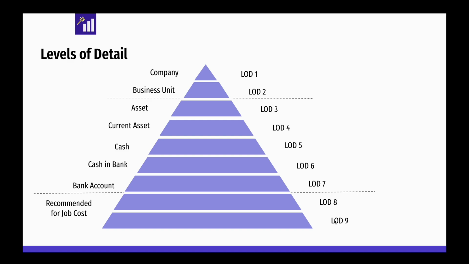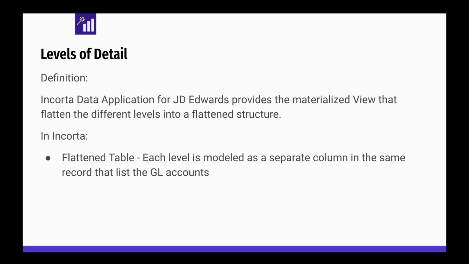Levels 8 and 9 are for special usage, such as job cost. In Incorta, we join to the flattened table, sometimes called a denormalized data model, which basically means that each level is modeled as a separate column in the same record. Then it lists a GL account.